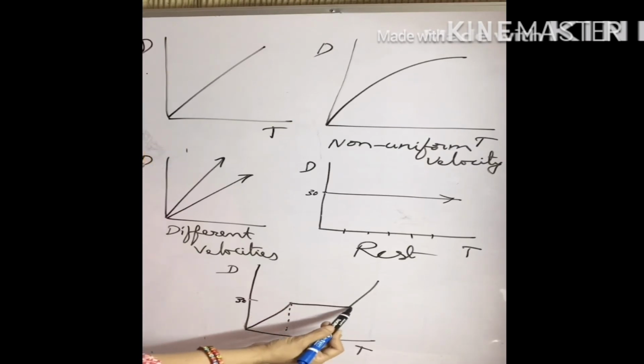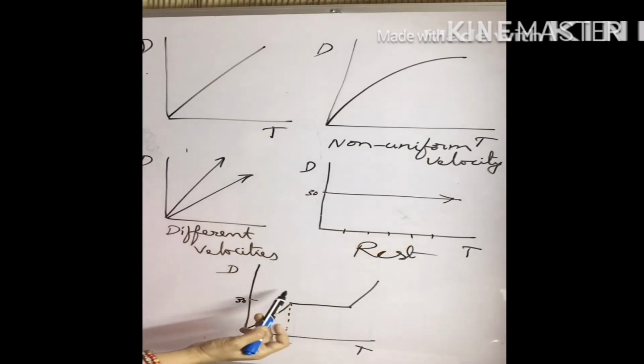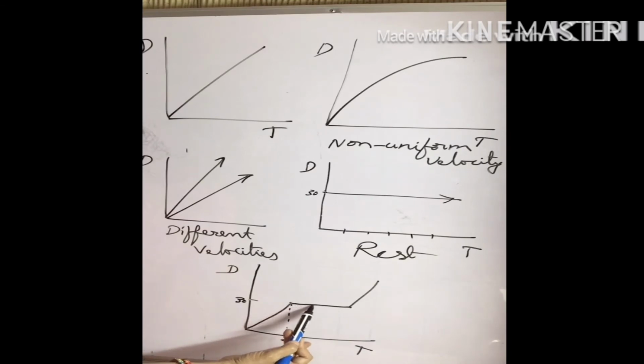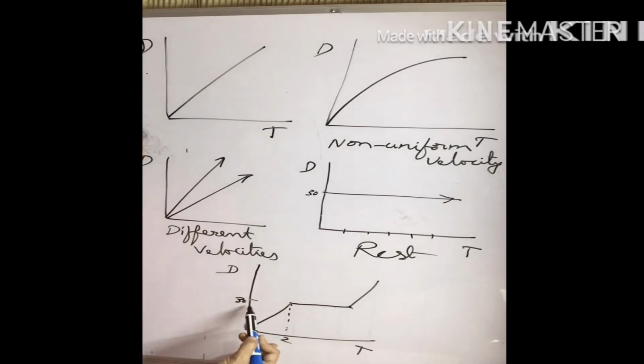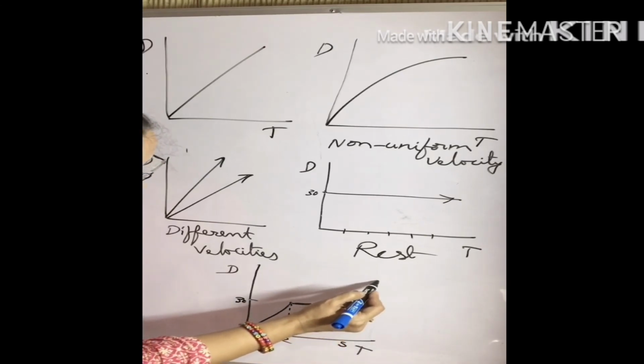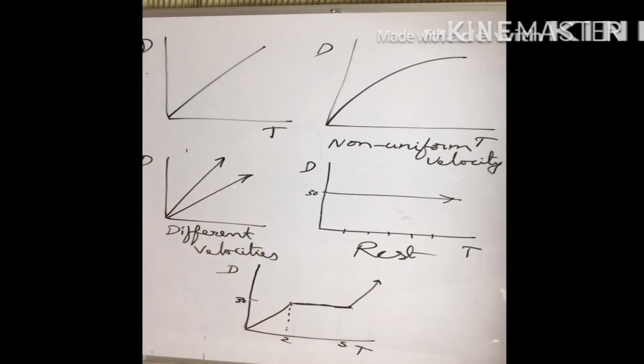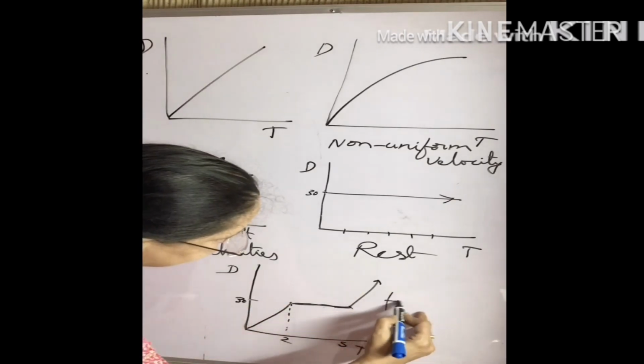From here to here, the same distance, 30, 30, 30. Up to this, the body stopped. That means here it covered 30 meters in 2 seconds. After that, the body has not covered any distance up to, say, 5 seconds. After that it again covered this much distance. This type of graph shows halt.